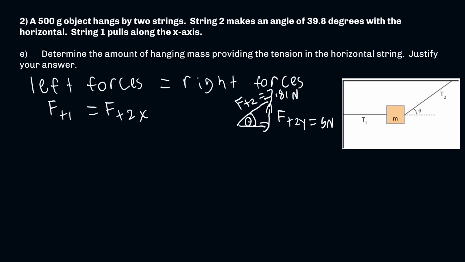So there's a few ways we can go about this. I guess the easiest way, and the one that gives us the best number because it's a rounded-off number, is the 5 newtons. Let's deal with the 5 newtons right now. Since we have an angle and we want to find the adjacent to it, but we have the opposite, opposite over adjacent, that's tangent.